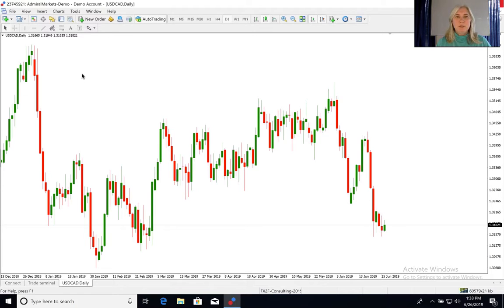So a bullish engulfing or a bearish engulfing candle is a two-candle pattern. So usually you have a small candle on day one, and then you have a large candle which engulfs the smaller candle on day two.